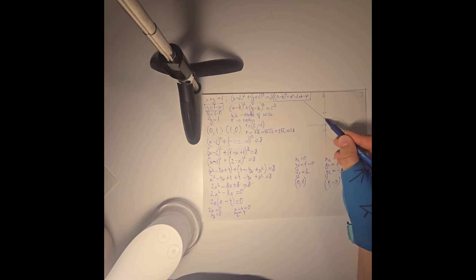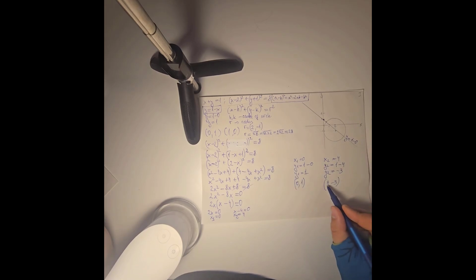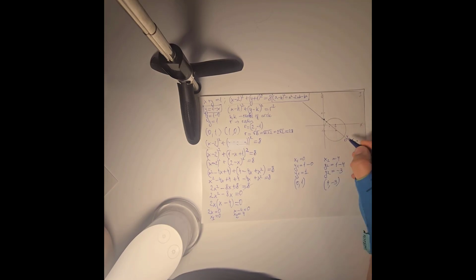Our circle should be touching the function somewhere here. And the second place is 4 and minus 3, somewhere here.